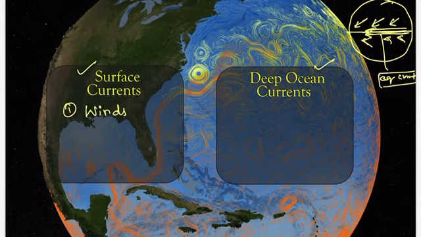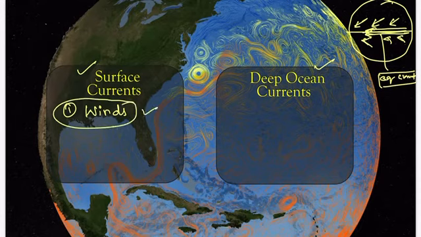When air moves over a particular part of the ocean, it also tends to pull the ocean water along its direction, and this is what we call surface currents. So it is formed because of the influence of winds. This is the first part, and the second one is deep ocean currents.